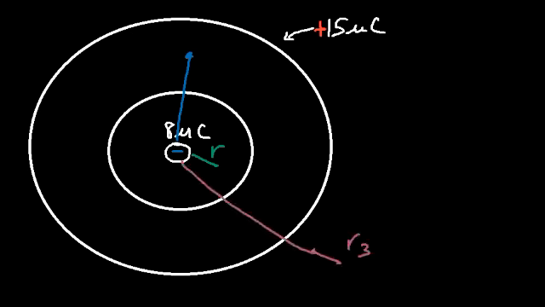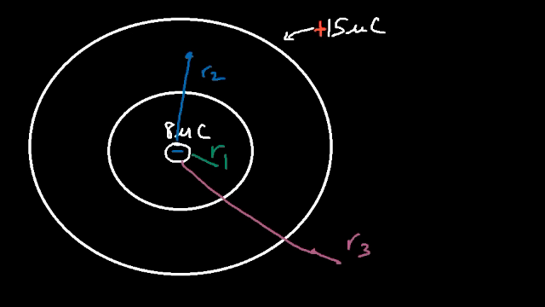So let's call this R3, R2, and R1. Let's say R1 is 1 meter, R2 is 3 meters, R3 is 5 meters. Actually, instead of using numbers, we'll just write the generic equation.